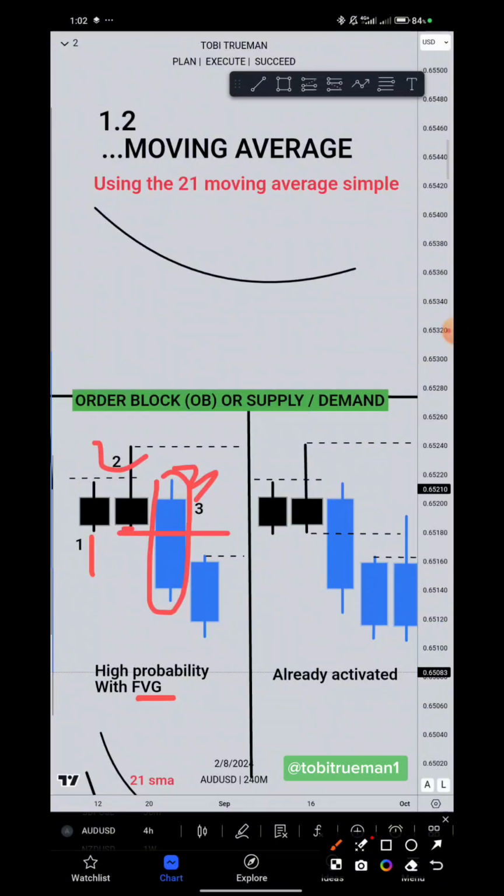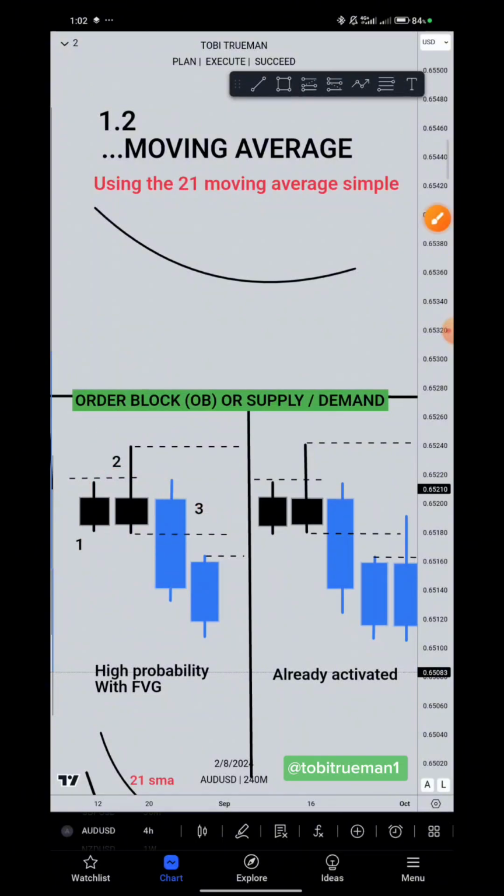Now, how do we know that this particular signal is not already activated? Because if the signal is already activated, there's no need for you to wait for price to come to that place again. It is when price now produces the number 4 candlestick. So at the close of the number 4 candlestick, it can tell us if the price has been mitigated or has not been mitigated.